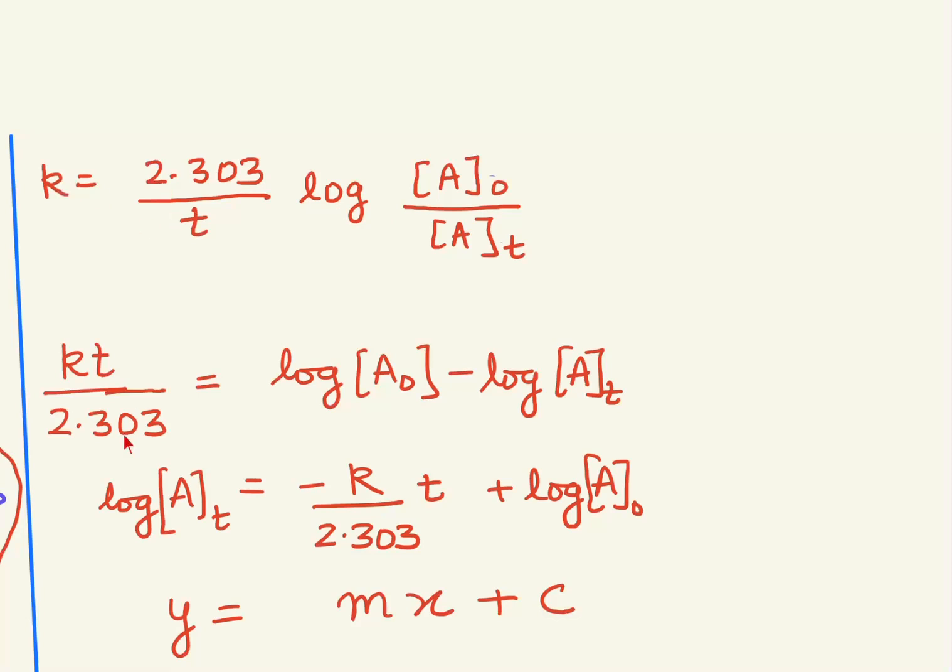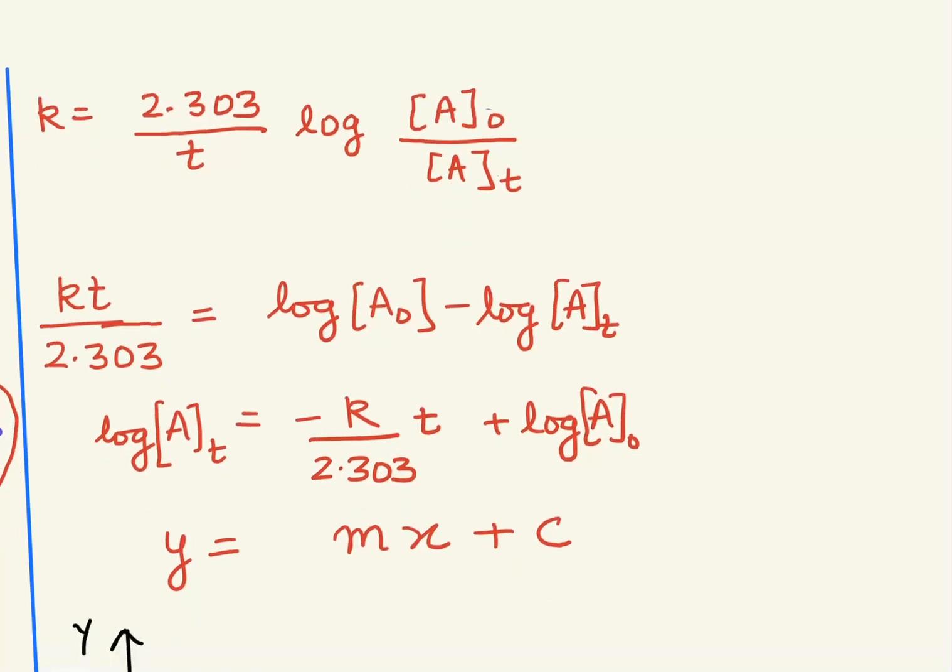So kt divided by 2.303 on the left hand side is equal to log of a0 minus log of at. We again rearrange it so as to give me the value in the form of y is equal to mx plus c. What is varying over here? The log of the concentration of the reactant. What is the x variable over here? Time. So what does the slope of the graph give me?